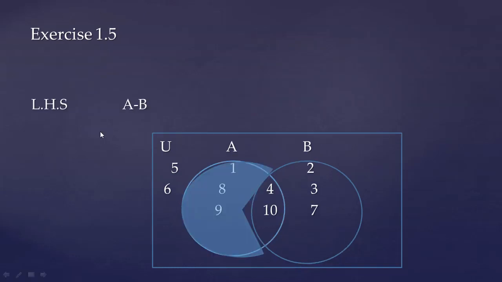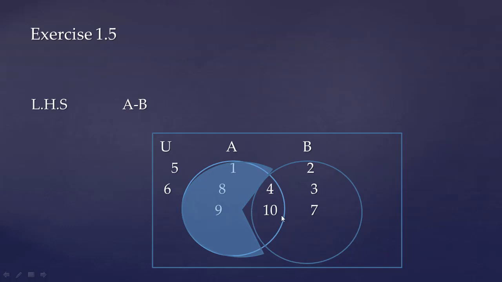Now we have to take the left hand side, in which we have to calculate A difference B. For this we draw the diagram by the given values. We can see it is an overlapping case.